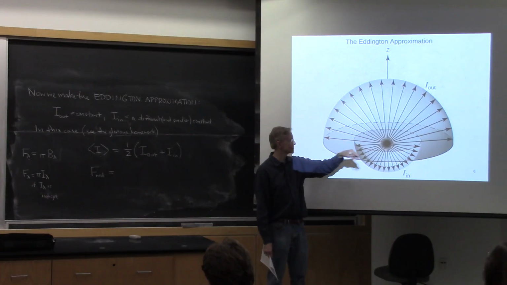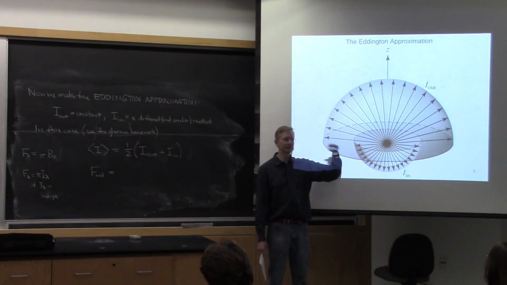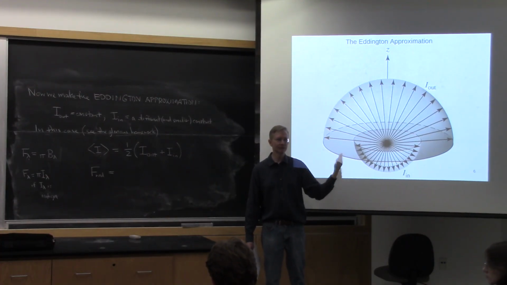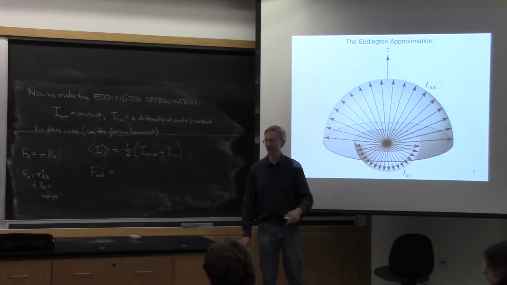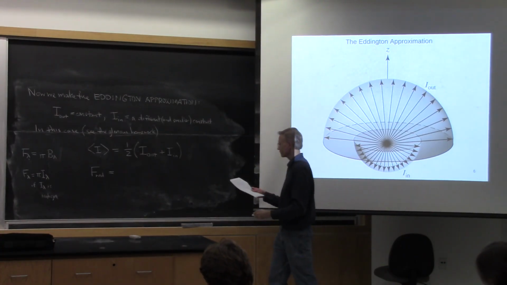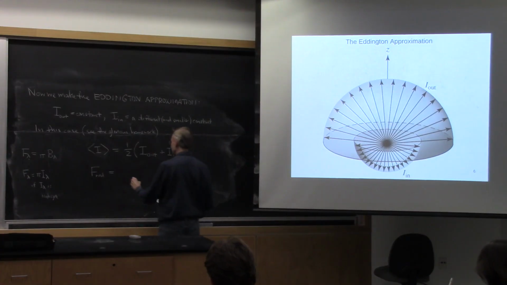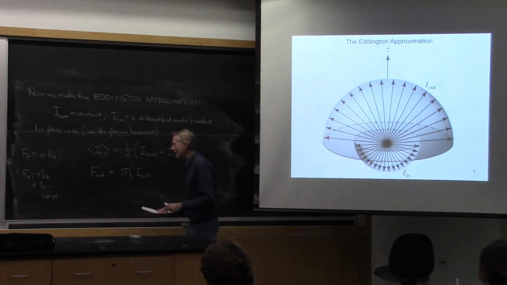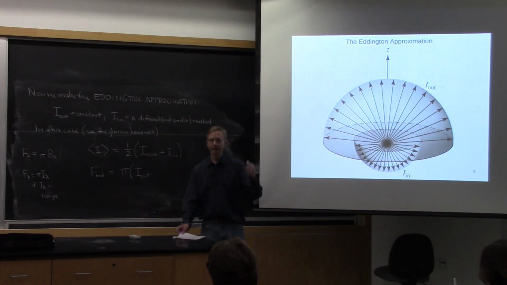So, in other words, as long as my radiation is isotropic over a hemisphere, then F in that direction is going to be pi times the specific intensity in the outward or the inward hemisphere. In other words, F rad should be and is pi times I out, but wait a minute, F rad here is the net radiative flux.